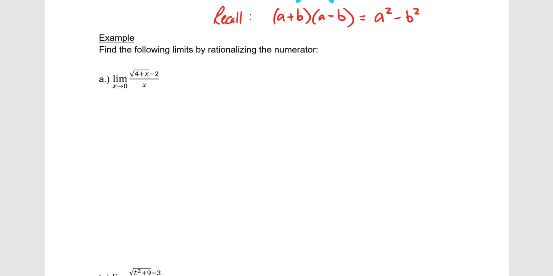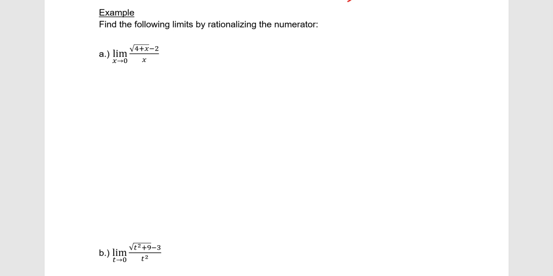Okay, so we're going to be using that right now. The hint to do this, so let's first recognize that we can't do direct substitution. We should always do that first, just recognize that you can't use direct substitution. So let's take a look at how we would know to rationalize the numerator. The hint is this square root term and then plus or minus a number.